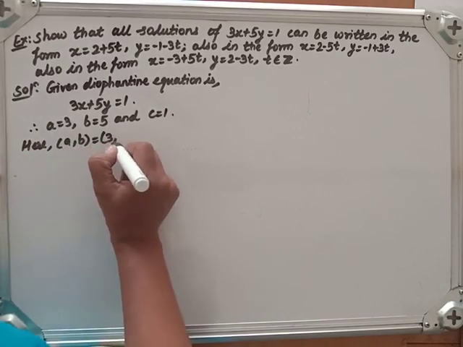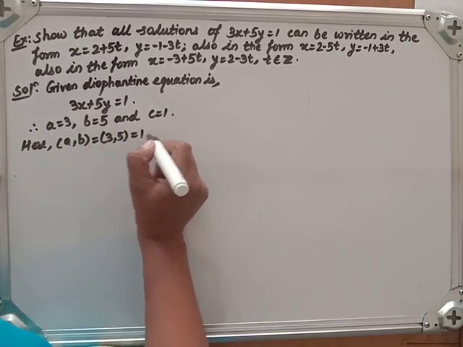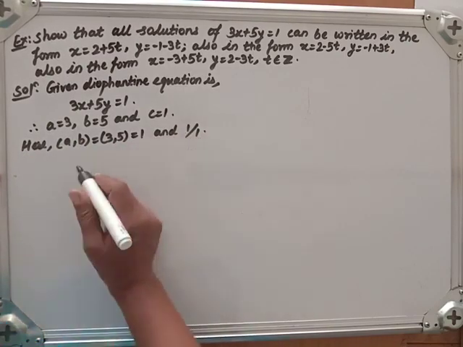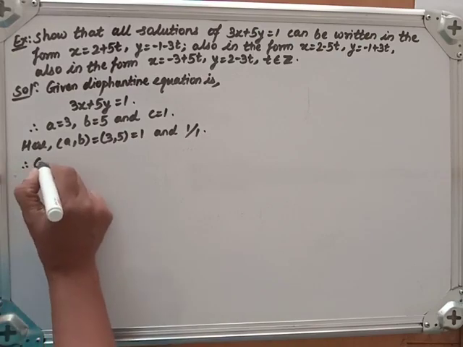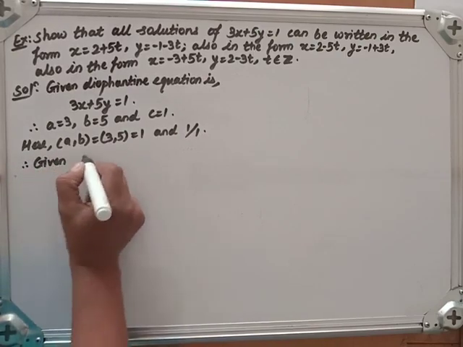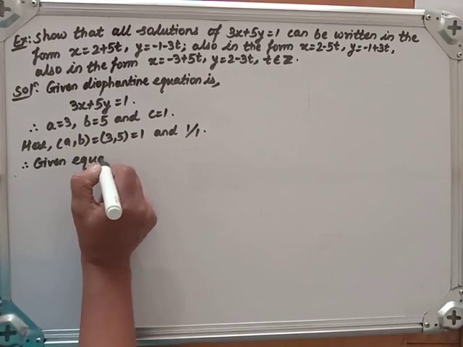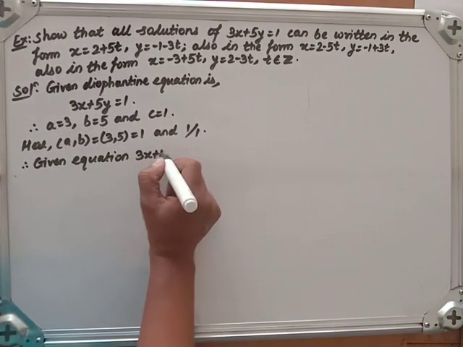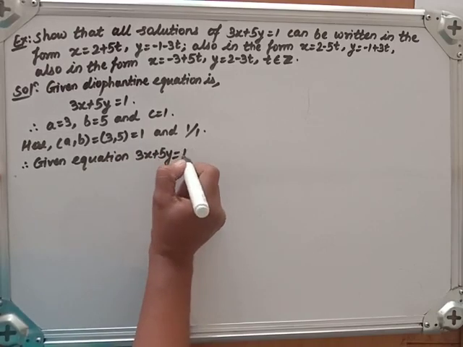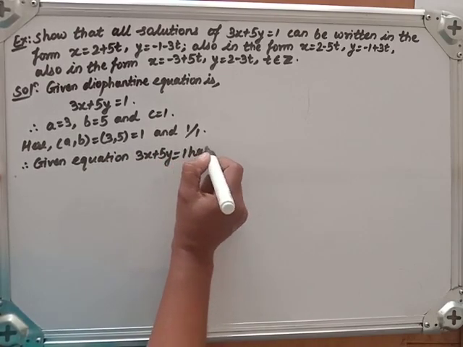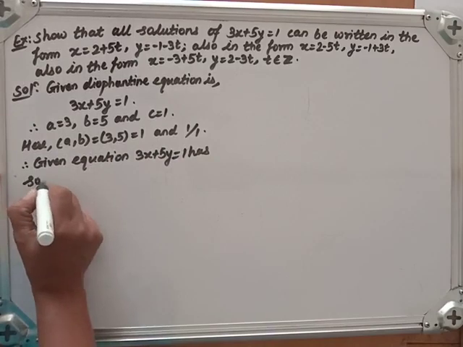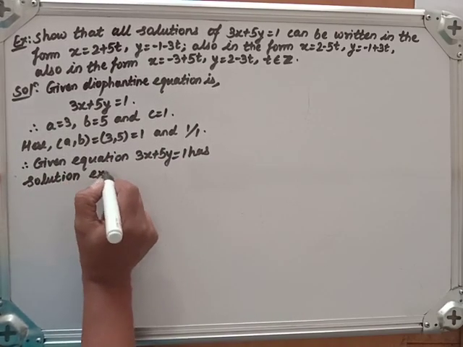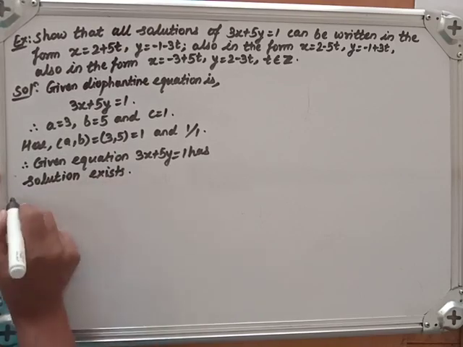GCD of 3 and 5 is 1 and 1 divides 1. Therefore, given equation 3x plus 5y equal to 1 has solution. Exists.